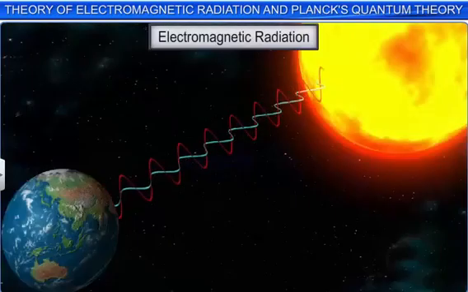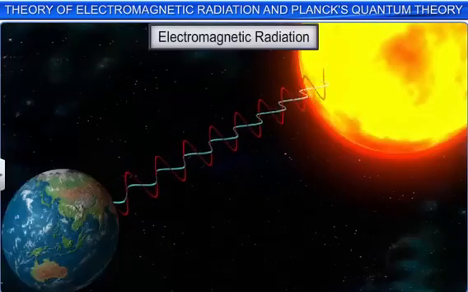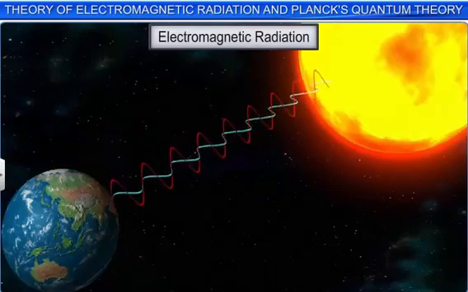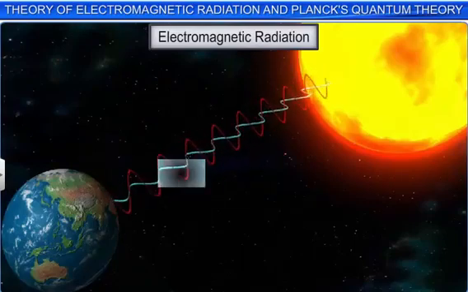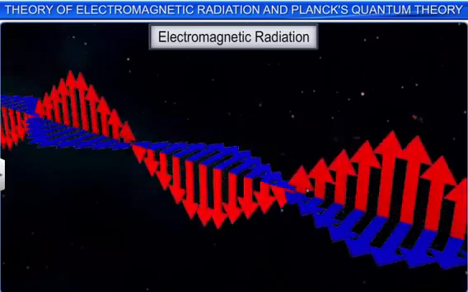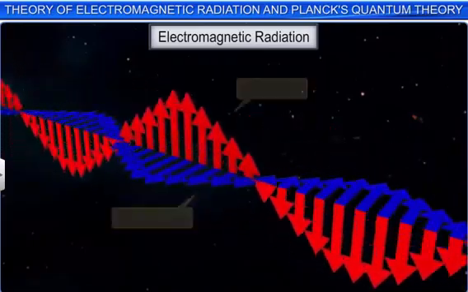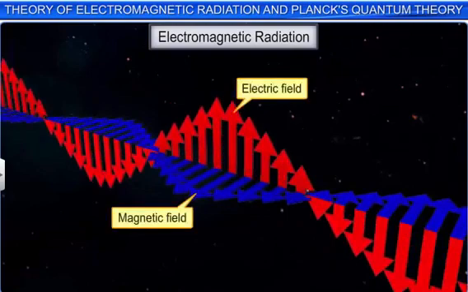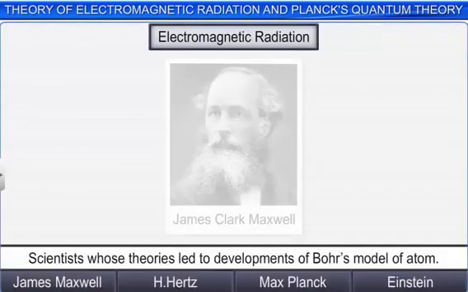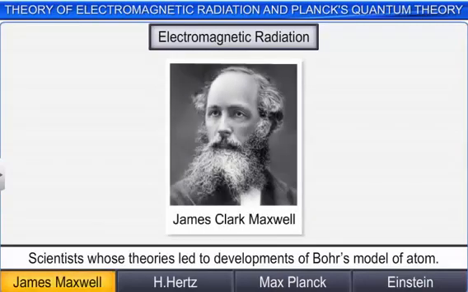Energy can be transmitted through space by electromagnetic radiations. These electromagnetic radiations are best described in the terminology of waves. The wave nature of electromagnetic radiation was established in 1870 by James Clerk Maxwell.